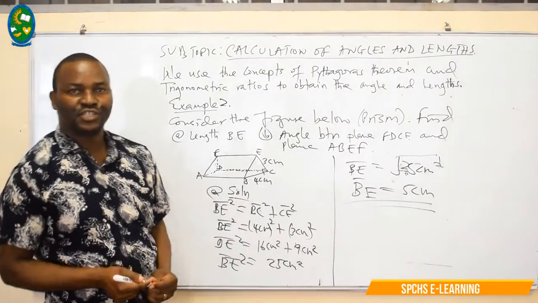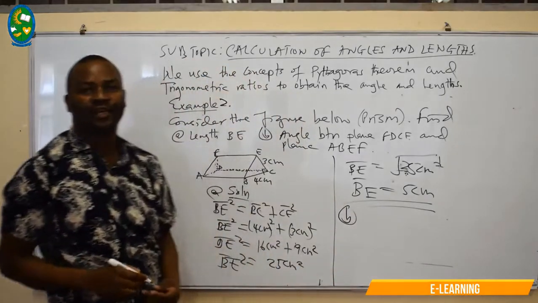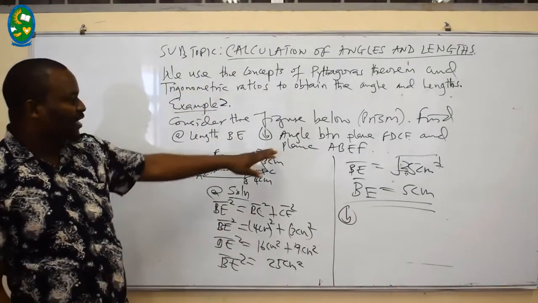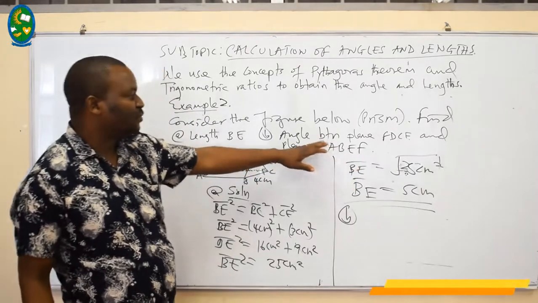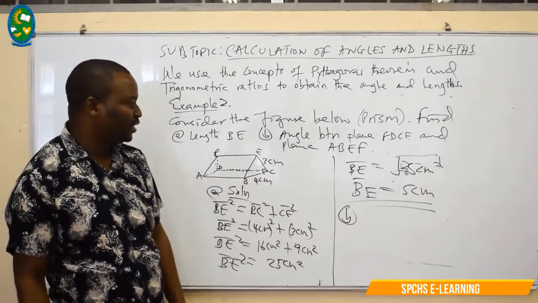The second part is how to get the angle. The angle required here is between plane FBCE and plane ABEF.